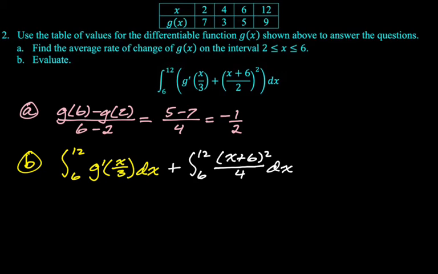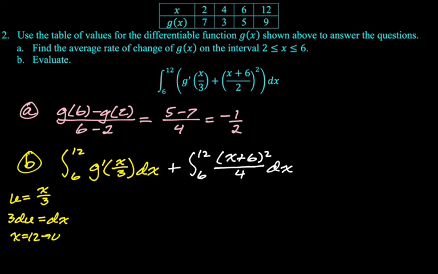So for the first one, this is a u substitution problem. I'm going to let u equal x over 3. And if u equals x over 3, that means that 3u is equal to x and 3 du is equal to dx. So 3 du equals dx. If x is equal to 12, u is equal to 12 over 3, so 4.